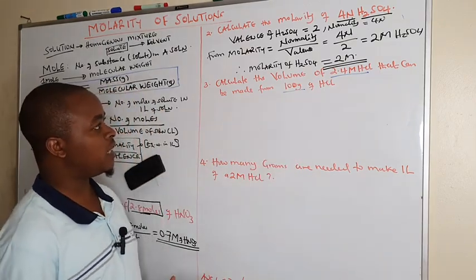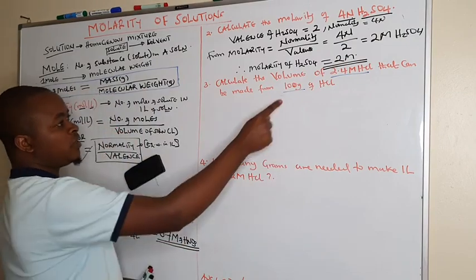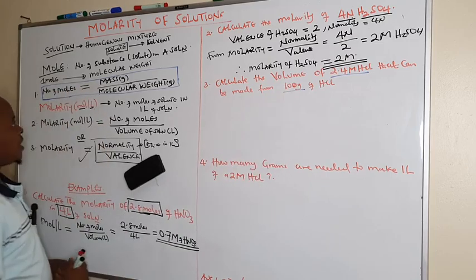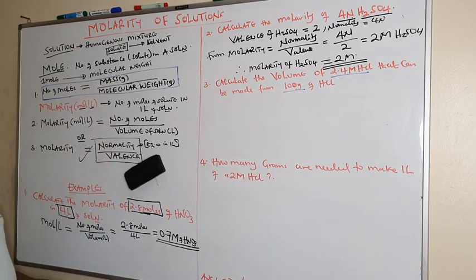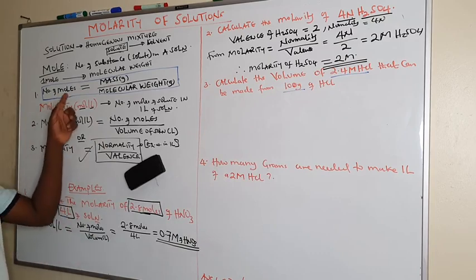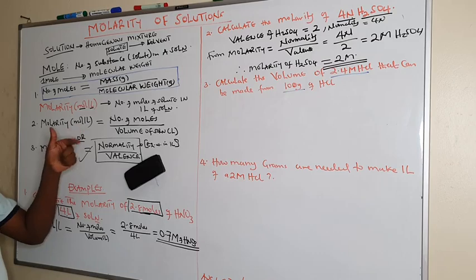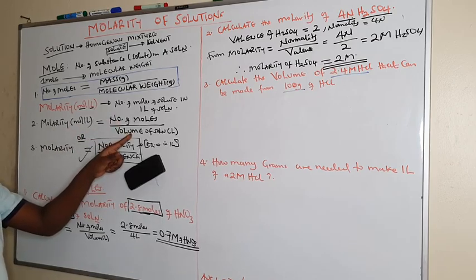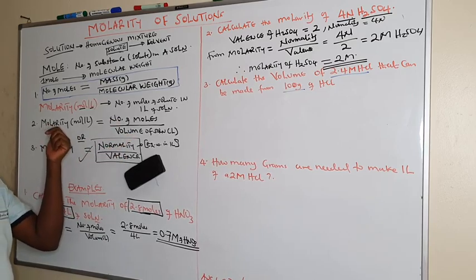We are given molarity, we are given grams. When we look at our formulas, I am not given the number of moles, and they want volume, but I have the molarity.